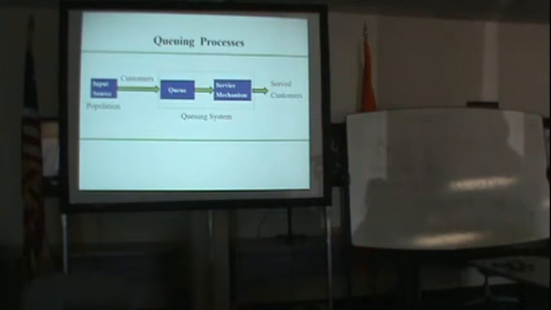Now the third process, the last one I will describe today, and then you read the description of the other three, is the QM process. Almost all problems in businesses and in industries of many kinds can be viewed as QM processes.